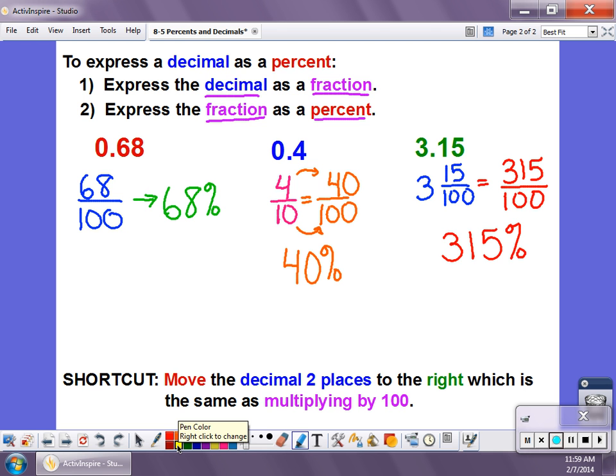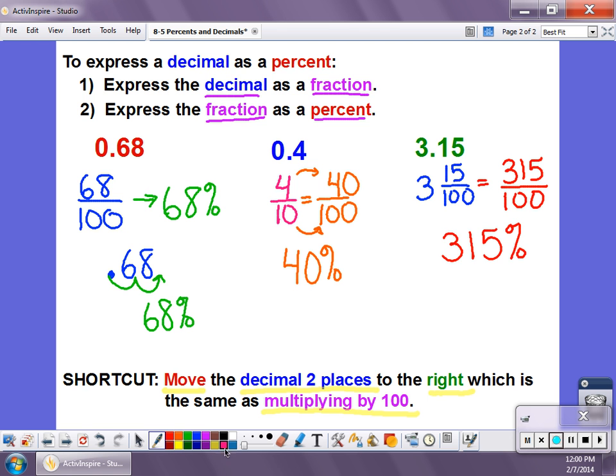To go from a decimal to a percent, this time we're going to move our decimal point 2 places to the right, which is the same as multiplying by 100. Okay? So here's what we do. Same idea. We're going to start with this number, which was 68/100. We're going to take that decimal point and move it 2 places to the right, which becomes 68. And then we just add a percent sign to the end of it. Let me show you over here with 4/10.